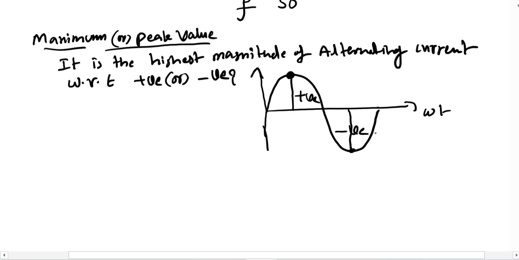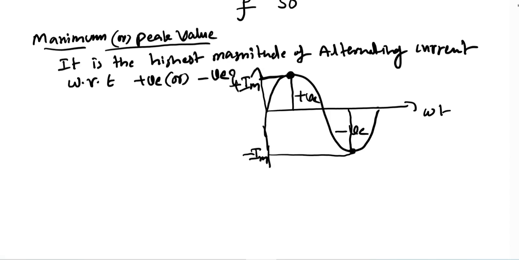So I can say the maximum peak of this waveform is this. This is my maximum peak Im, or the maximum negative peak minus Im. This is plus Im, this is minus Im. This is how the maximum or peak value can be defined.